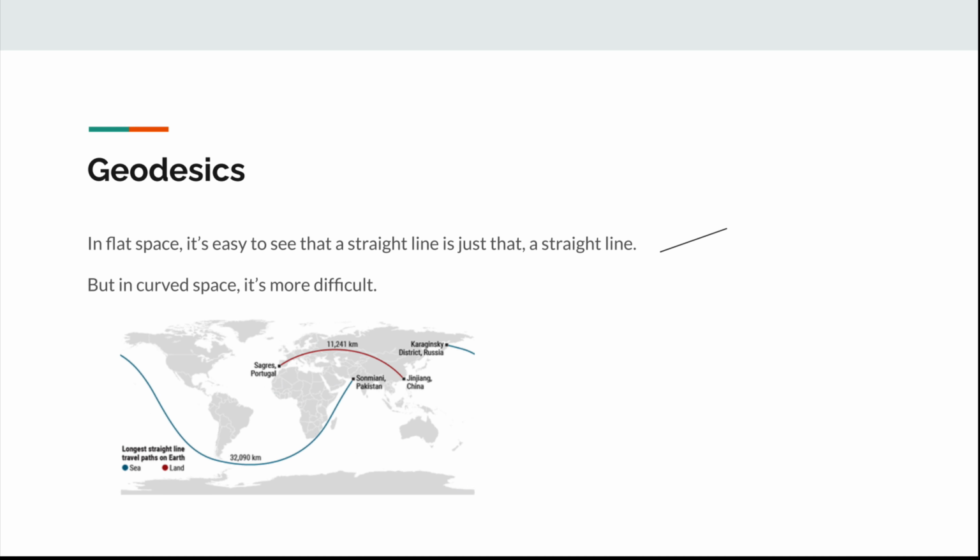When we figure out what a geodesic is, it's pretty easy to see in flat space. It's just a straight line. But in curved space, it's more difficult. We've got that map of straight lines on Earth, which is obviously a sphere, a curved surface. So you can see that it's kind of hard to tell what the geodesic is going to be between 2 points.